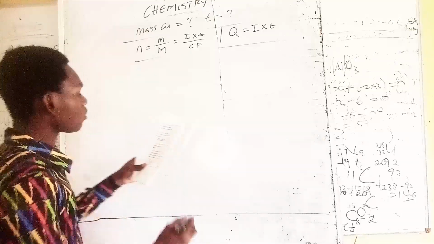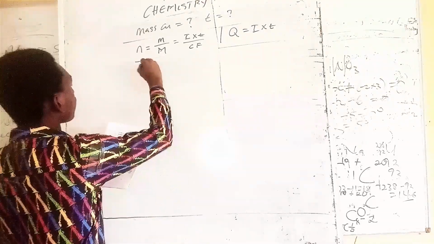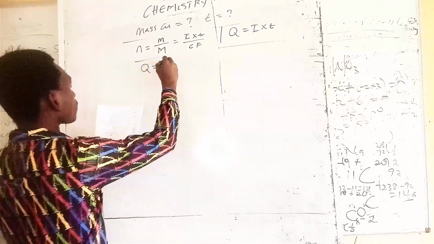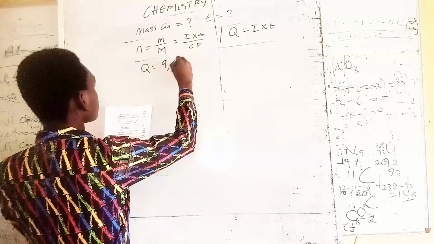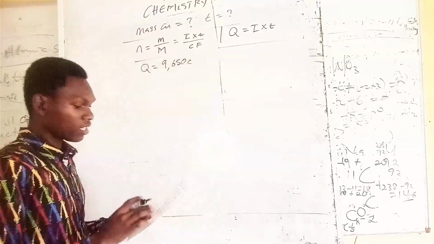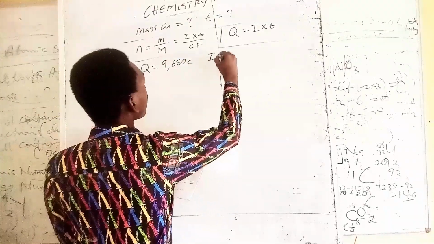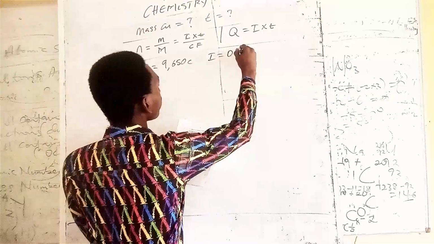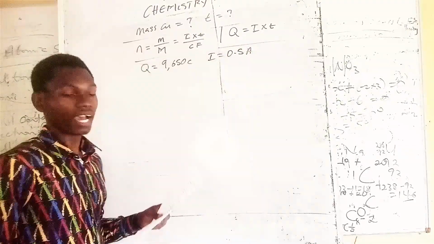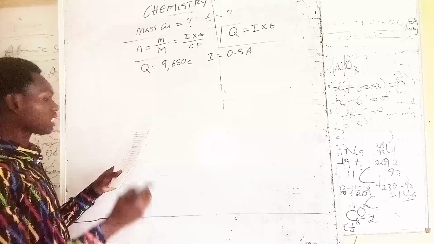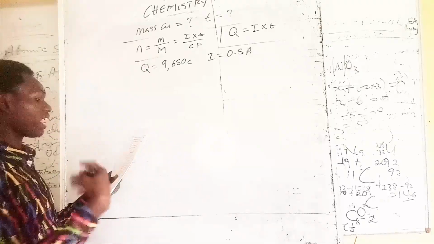Now let's spell out all the parameters given to us. We are given Q, which is equal to 9,650 coulombs. We're also given the current to be 0.5 ampere, and we are not given time. In fact, we are asked to calculate for time.